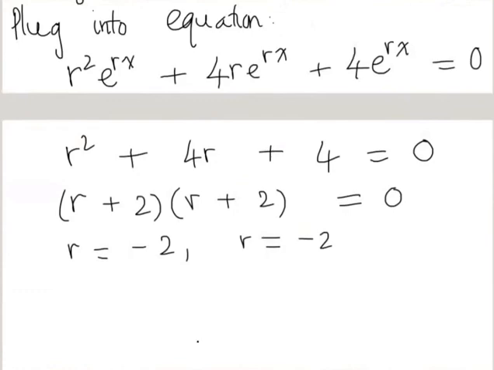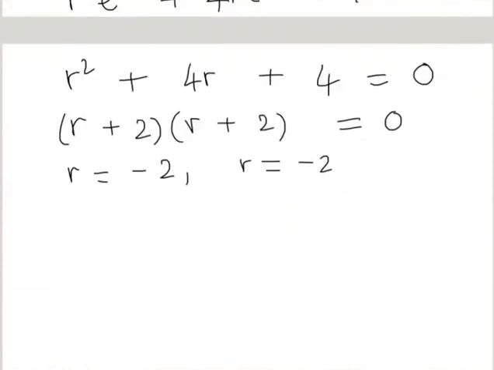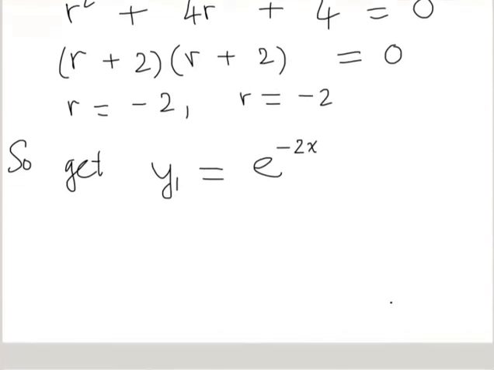Essentially, we have two values of r, but they are the same. So we get one solution, y1 equals e to the negative 2x. If you say y2 is e to the negative 2x as well, that's not quite right, because it's the same as y1, so we cannot use it. We only have one solution from this method.